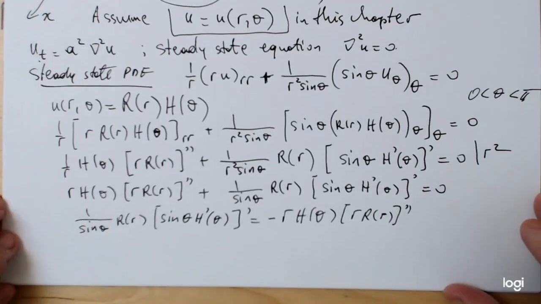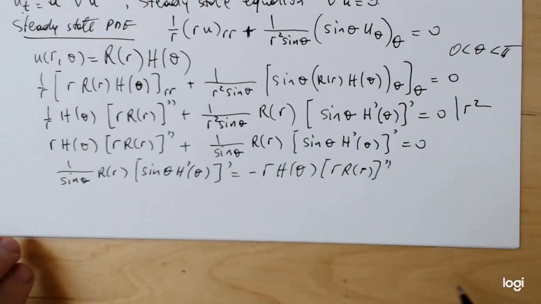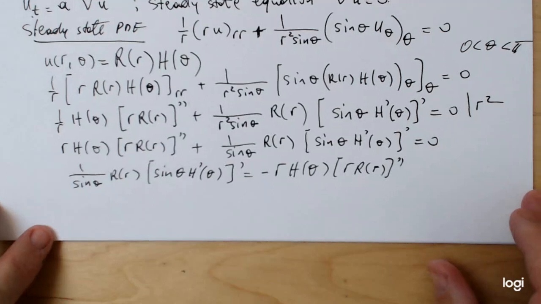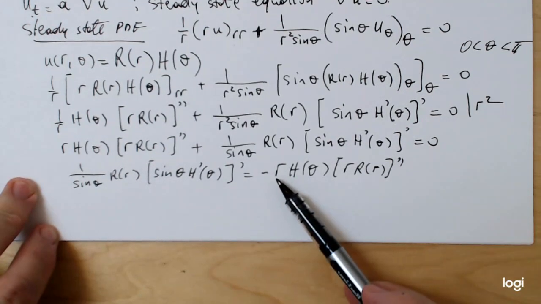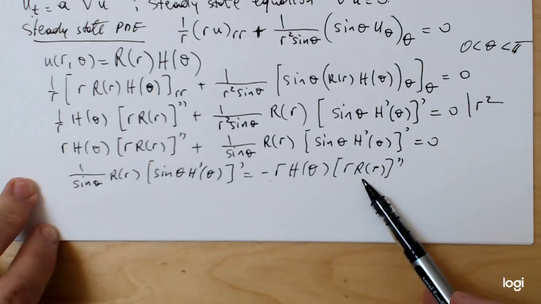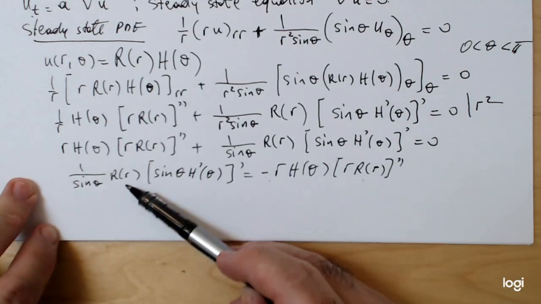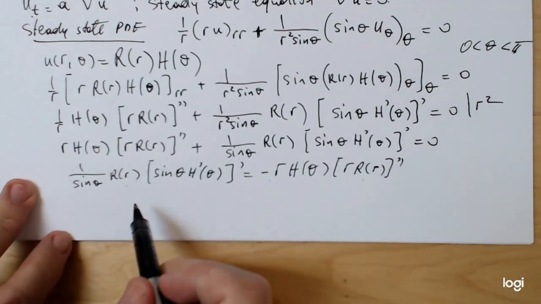And now separation of variables. So I'm going to put the r on the left side. So we're going to have minus r and this quantity divided by big R here. All right, so that's what I'm going to write on the left side.